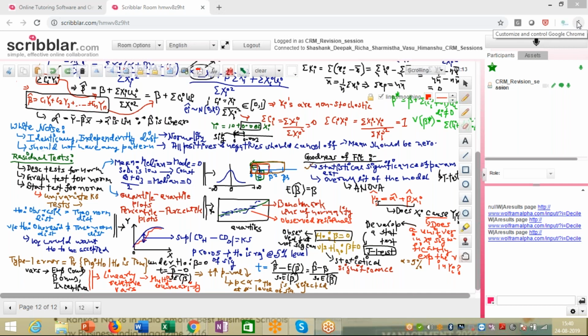Okay. So, as we discussed, multicollinearity is the linear association between the variables in a multiple linear regression model, where there are multiple explanatory variables.